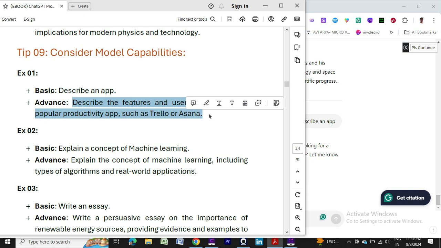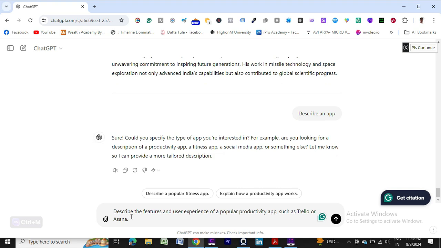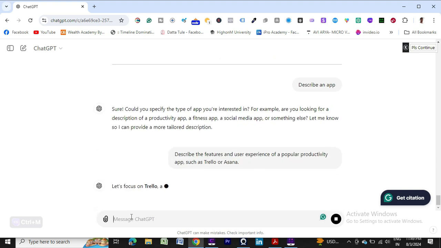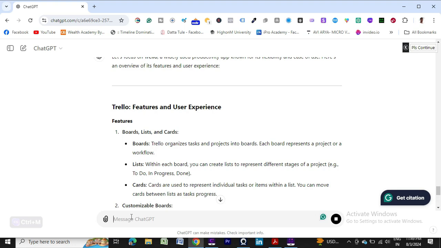So now I will ask this modified and advanced prompt. Now it will provide the features and user experience. For Trello, I have given the model that it might be Trello or Asana, so it will take inspiration from Trello or Asana.